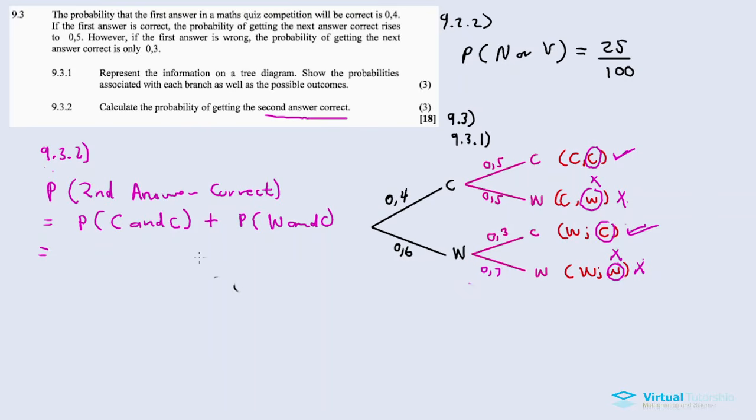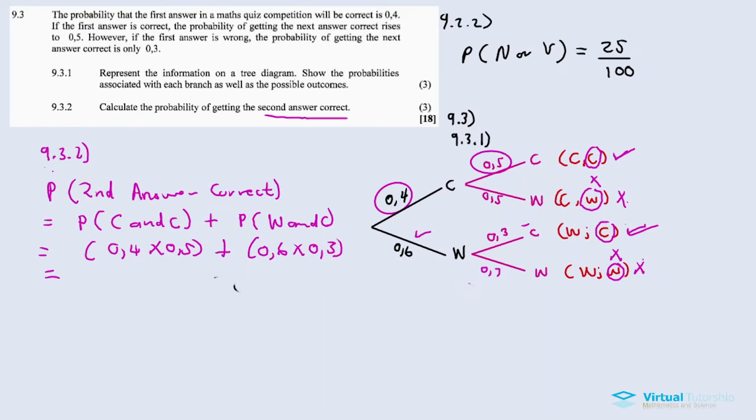So the answer is going to be the probability of 0.4 times the probability of 0.5, since I multiply my probabilities, plus the probability of wrong and correct, which is 0.6 times 0.3.